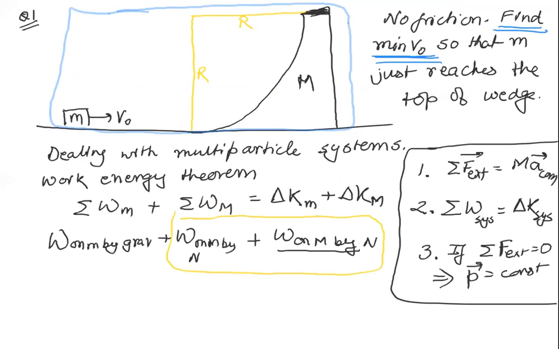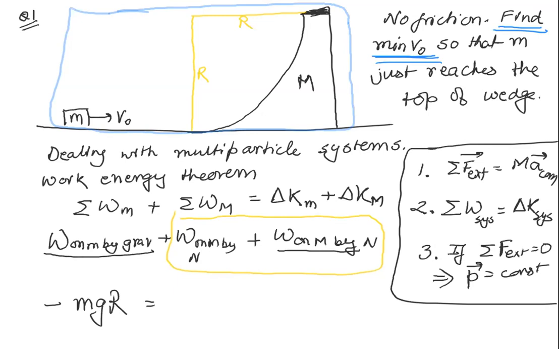So work done on the system is only work done on m by gravity, which is going to be minus mgR as it is going to reach the topmost point of the wedge.